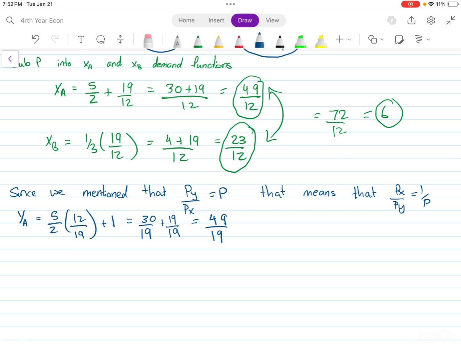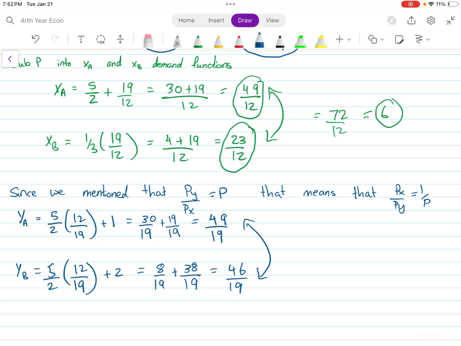Let's do the same thing for Billy, again just subbing in 12 over 19 for the Px over Py variable, and we get 46 over 19 units for Billy.